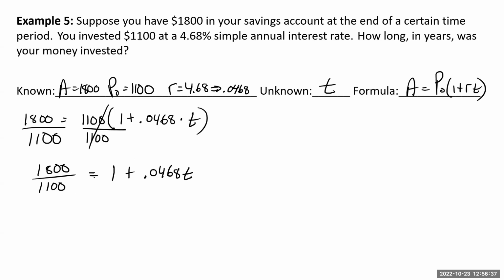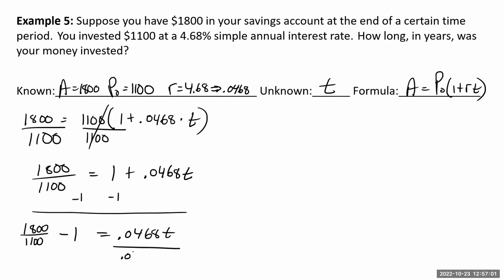Now I'm just going to solve this algebra equation. I want to isolate the term with the variable, so I'm going to subtract 1 from each side. That doesn't mean you have 1799 over 1100. It means you have 1800 over 1100 minus 1 equal to 0.0468t.